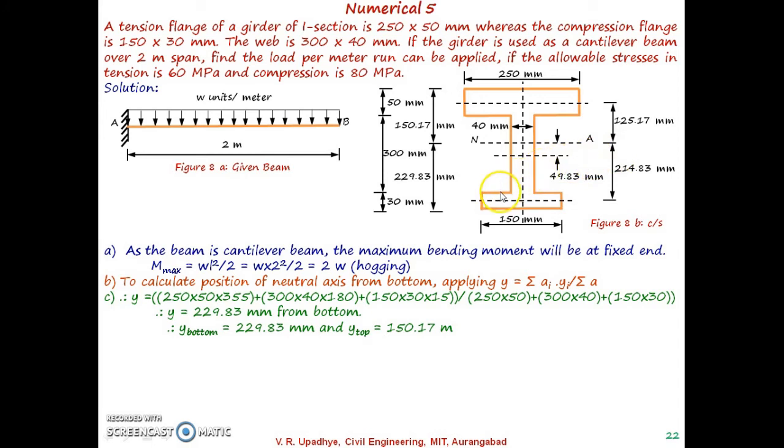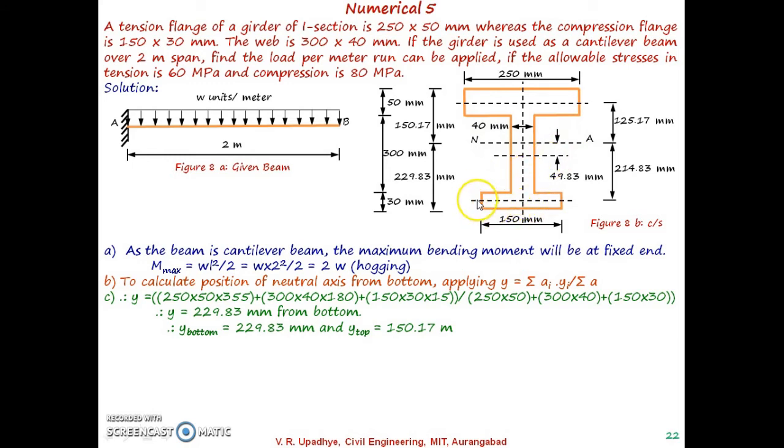Similarly, for the distance between the neutral axis and the centroid of the web: from the bottom, the centroid of the web will be at 150 plus 30, that is 180, and the neutral axis is at 229.83 from the bottom. If you deduct 180 from 229.83, you get 49.83 millimeter. That is the distance between the centroid of the web and the neutral axis.